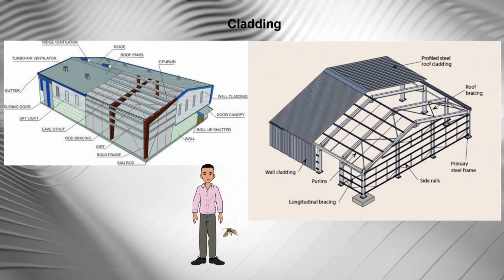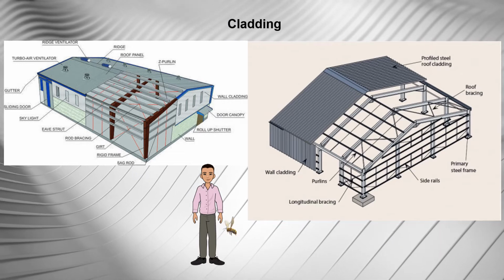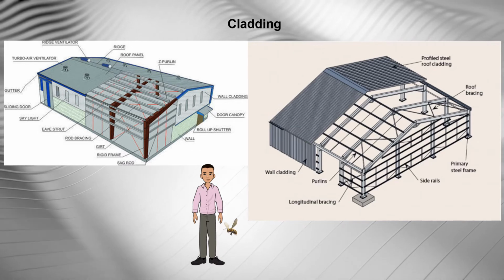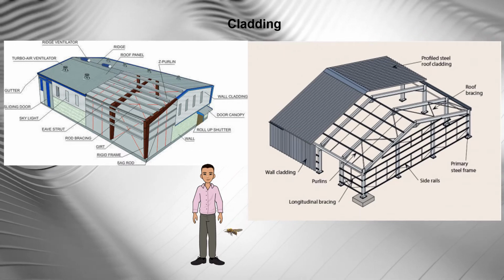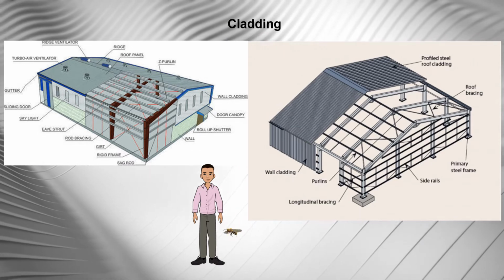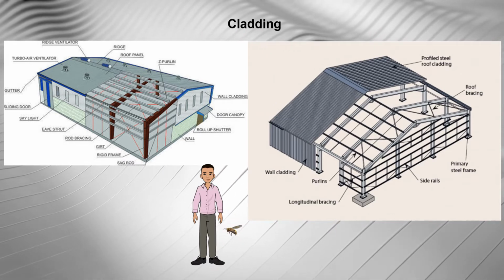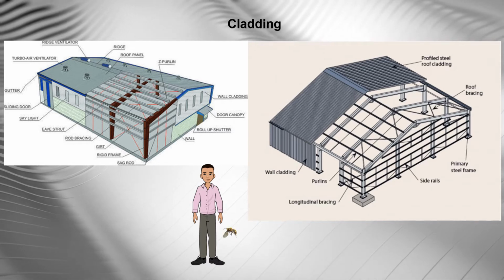The requirements for walls and roof are somewhat different, although both need to be weather-tight, durable, and provide insulation. The weather tightness of the roof is clearly paramount, particularly for lower pitches.